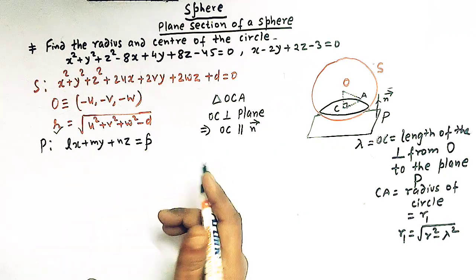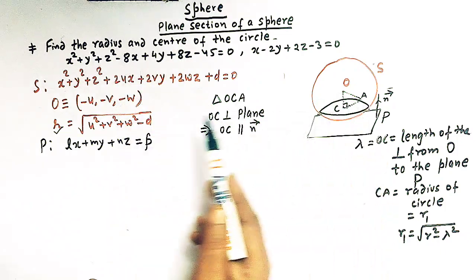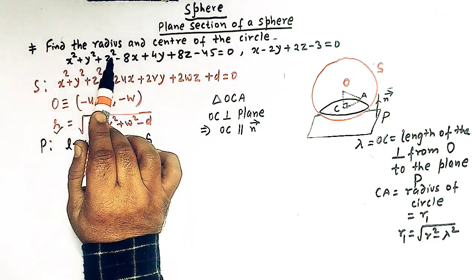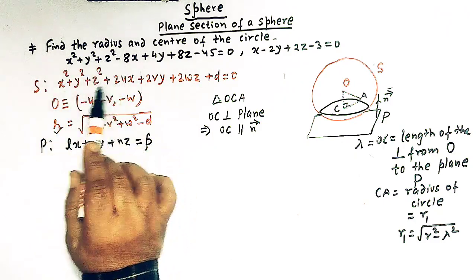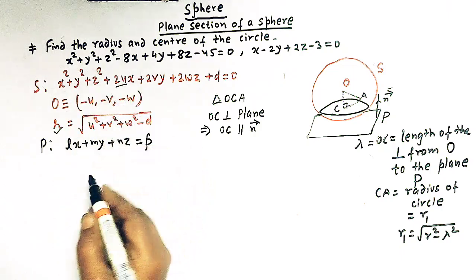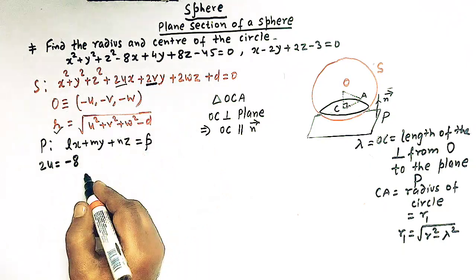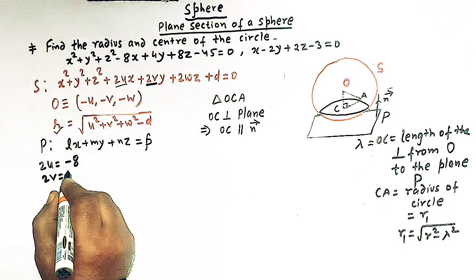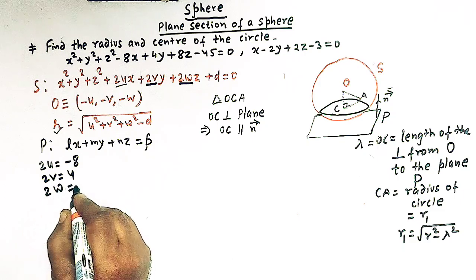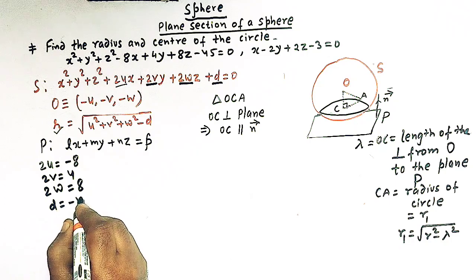So now let us find the radius and center of this circle using this concept. Let us compare the equation of the sphere with the general equation. So we can write 2u is equal to minus 8, then 2v is equal to 4, and 2w is equal to 8, and d is equal to minus 45.